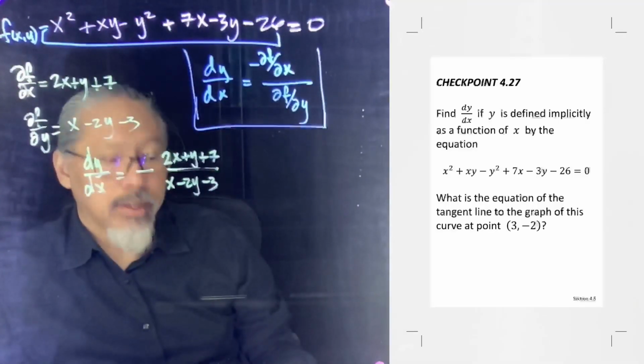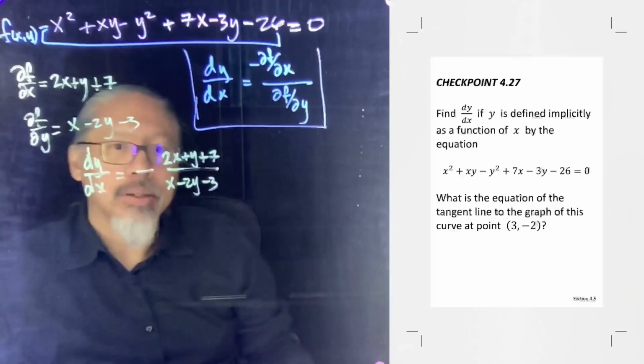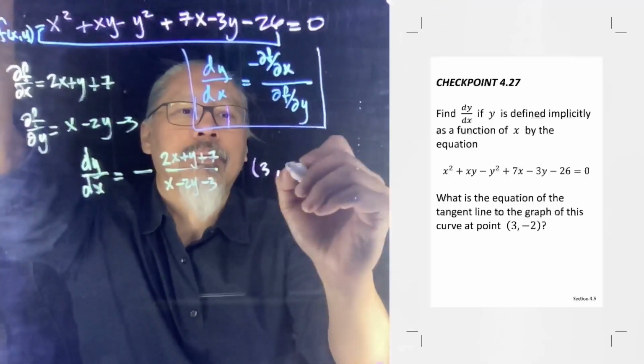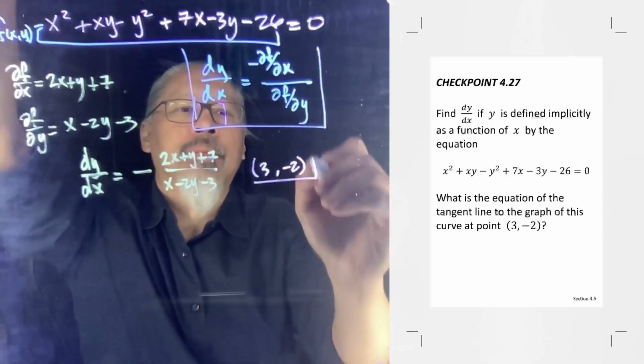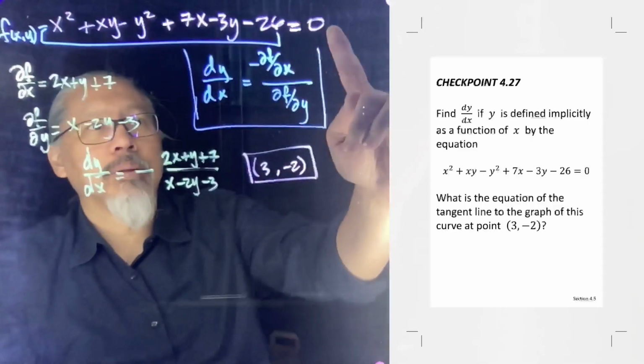Now we want to take it some steps farther and find out what happens at the point (3, -2). So if we want to find the tangent line, this, by the way, is an implicit curve.